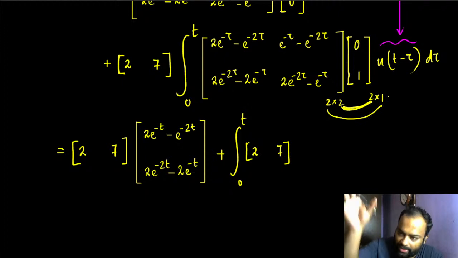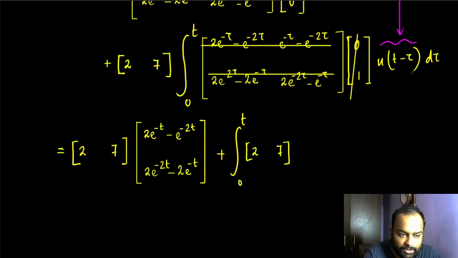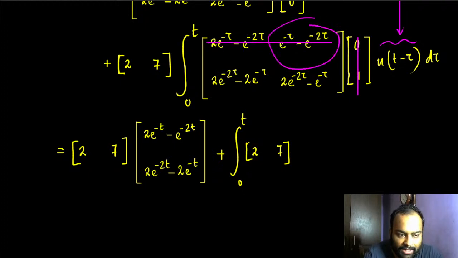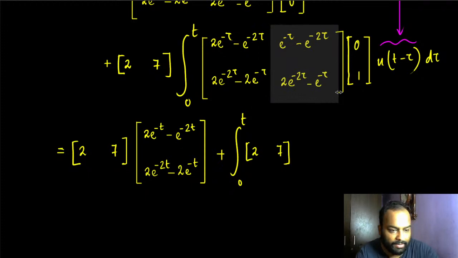So this is going to be once again a column vector, a 2 by 1 matrix. And obviously multiply this with this and this with this. So that is the thing that will remain. And here when I'm multiplying this with this, this multiplies with a 1. So these two will remain, right? In this particular example, this is what is happening.